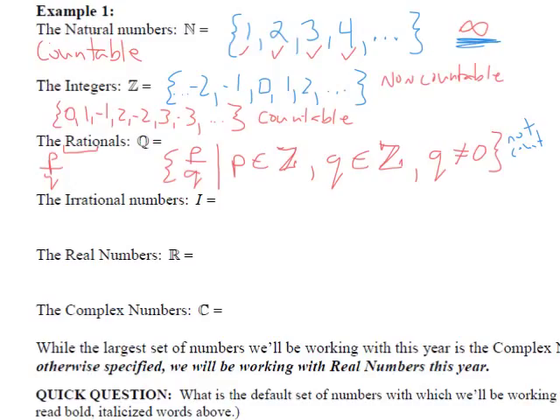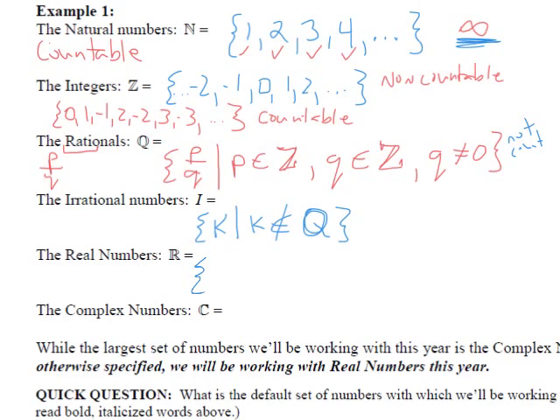The irrational numbers would be the list of numbers which are not rational. So we could actually make this set very quickly by saying the set of all values k such that k is not an element of the rational numbers. Then the real numbers is basically the two combined, rational and irrational numbers.